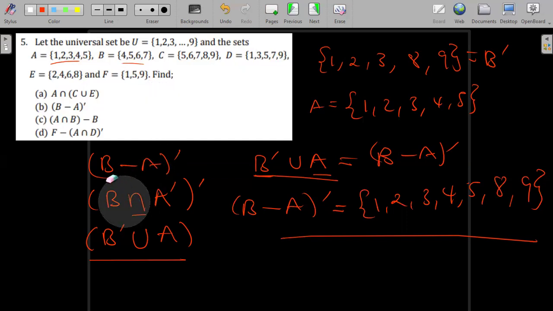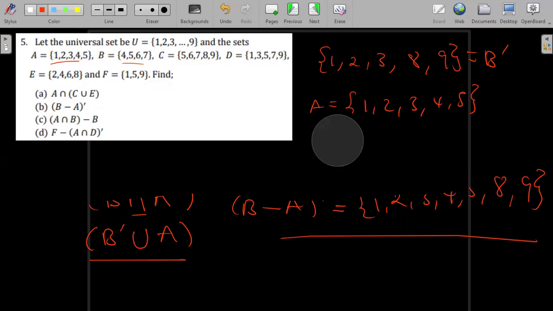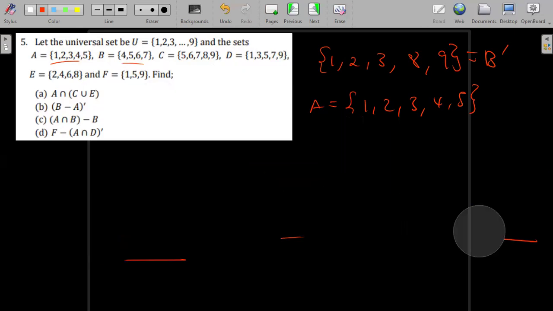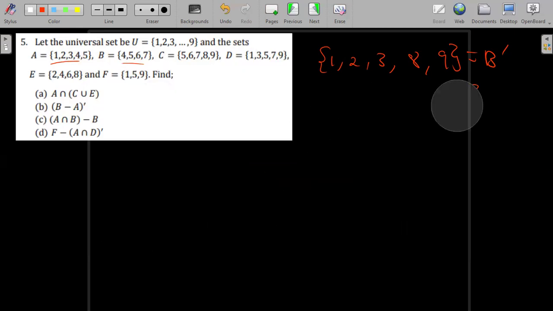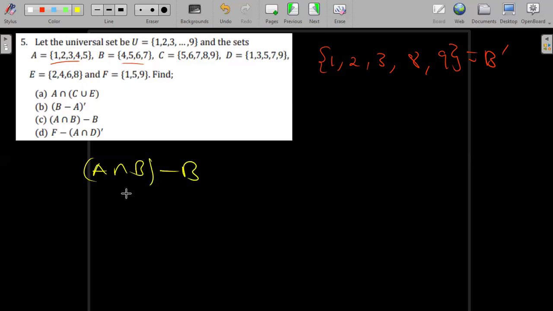Okay, so the next one, we will try to simplify in a similar manner to what we did here. The next one is A intersect B, then I have minus B there. So this here is the same as writing A intersect B intersect B complement.